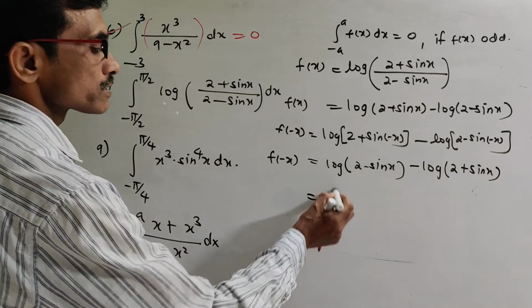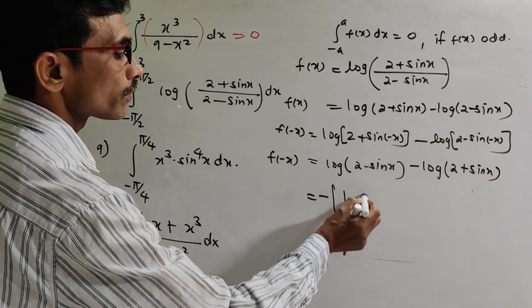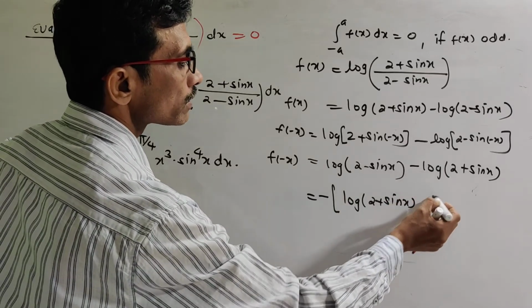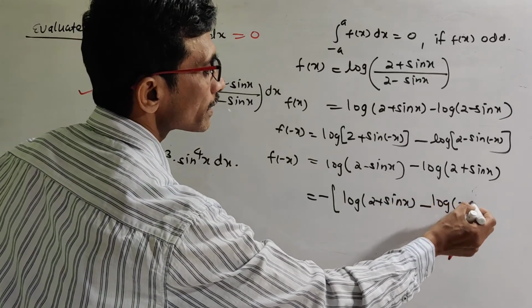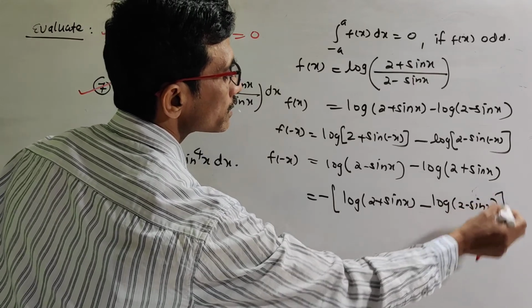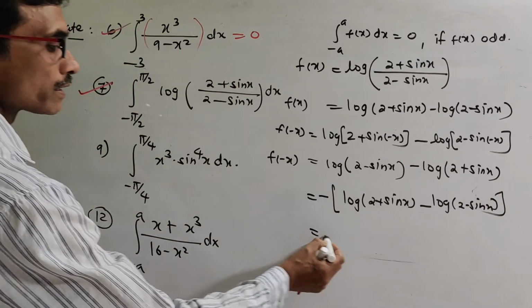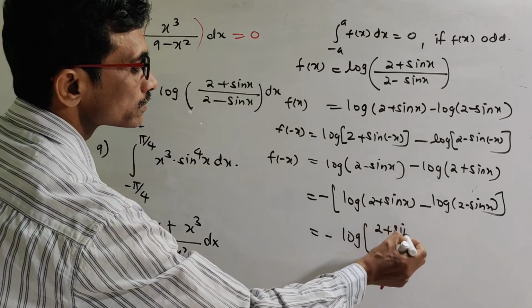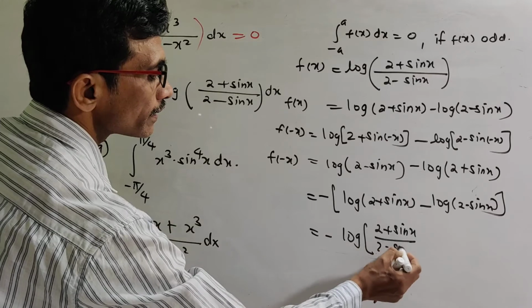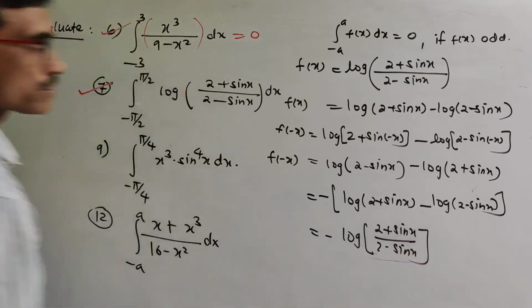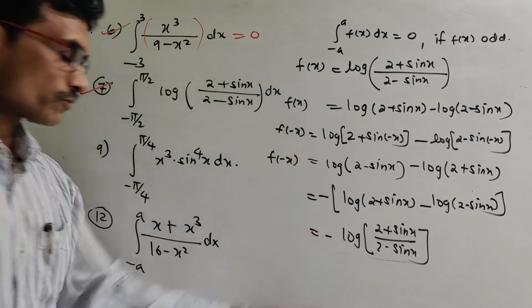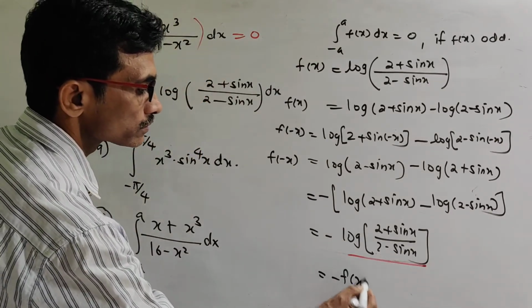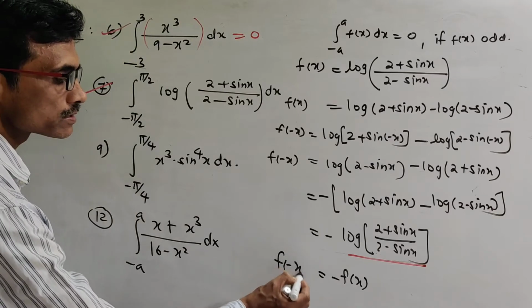So it is minus sign of log of 2 plus sin x, minus log of 2 minus sin x, and it is nothing but minus of log of 2 plus sin x upon 2 minus sin x. So clearly it is f(x), this term is what? f(x), and it is equal to minus of f(x). So f of minus x is minus f(x).